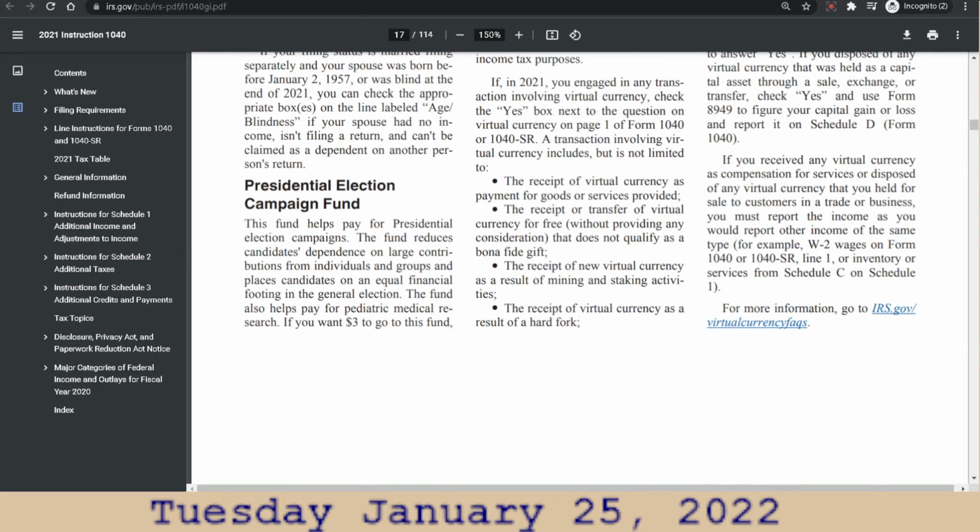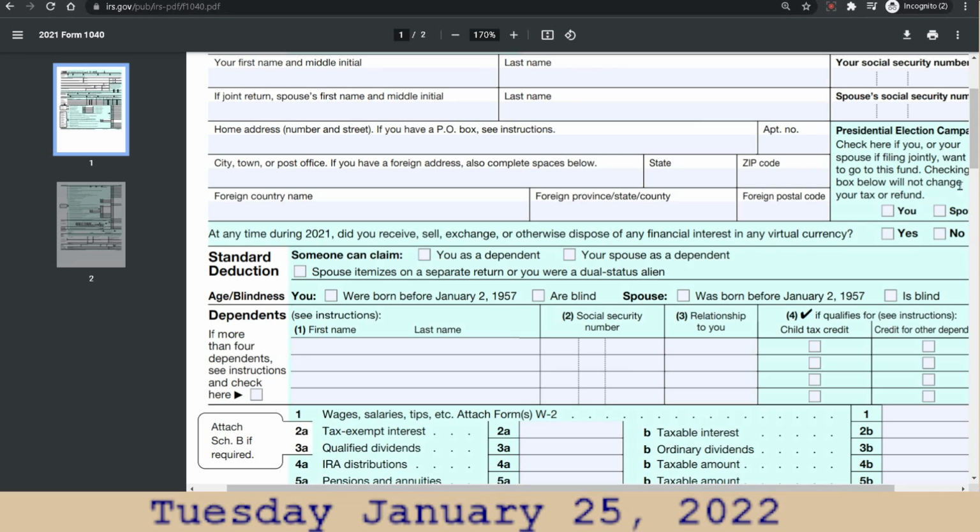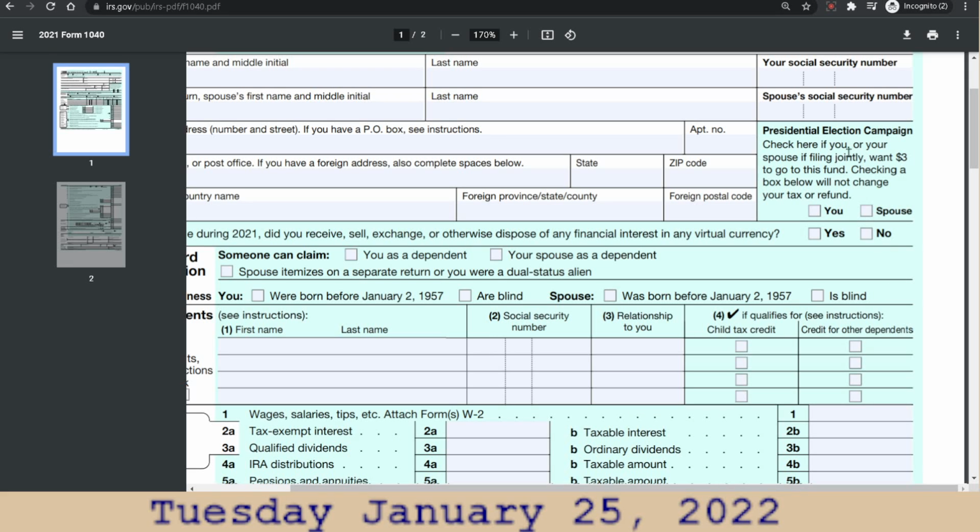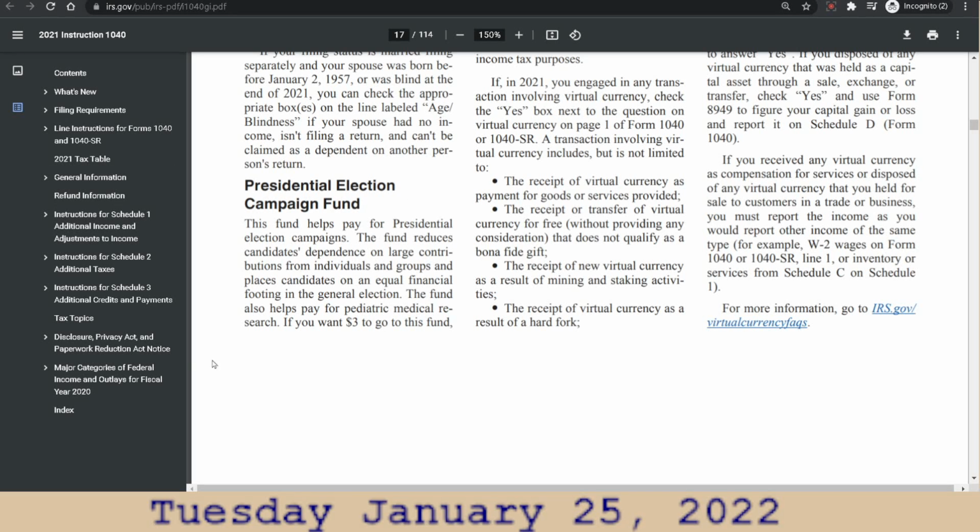Okay? So then you have this section right here. This fund helps pay for the presidential election campaigns. The fund reduces candidates' dependence on large contributions from individuals and groups and places candidates on an equal financial footing in the general election. The fund also helps pay for pediatric medical research. What? Oh.